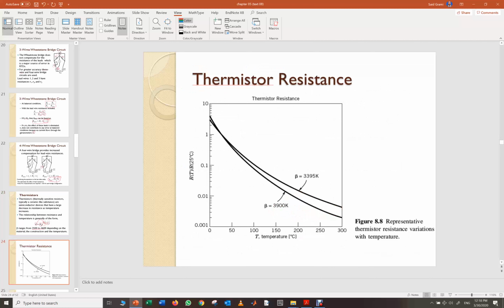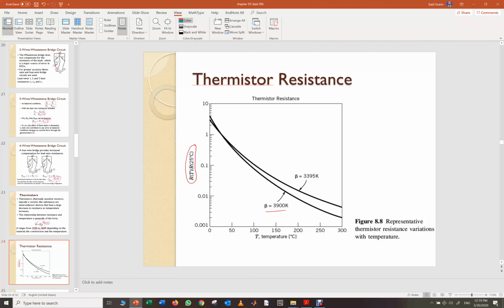Thermistor resistance. As you see, this is the resistance at T divided by the resistance at 25 degrees C, against the temperature. Beta here is 3,395 Kelvin, and for the second material it is 3,900 Kelvin.